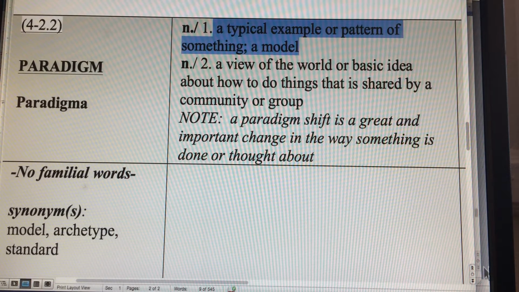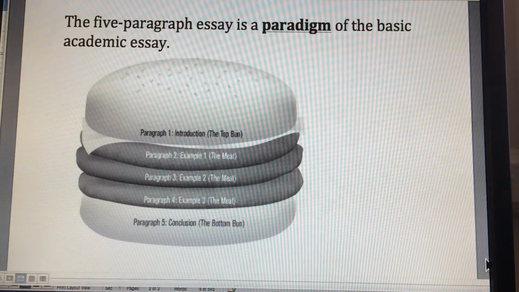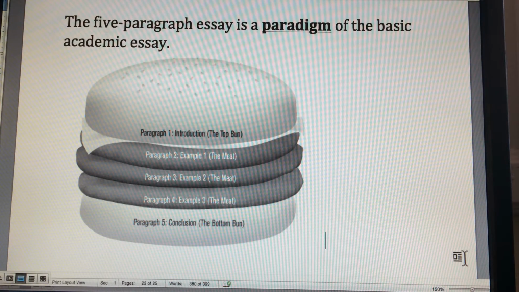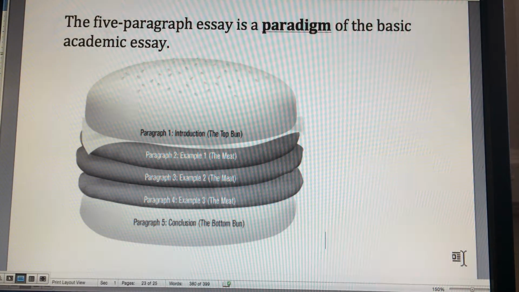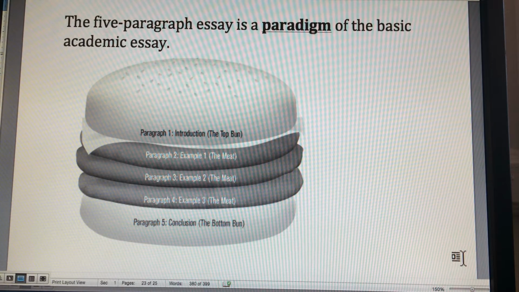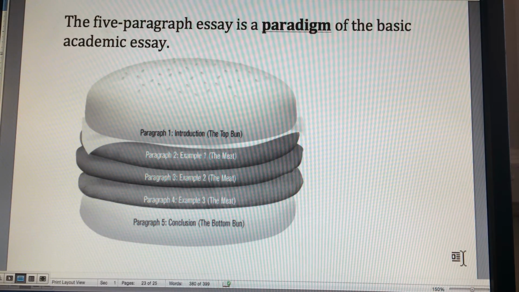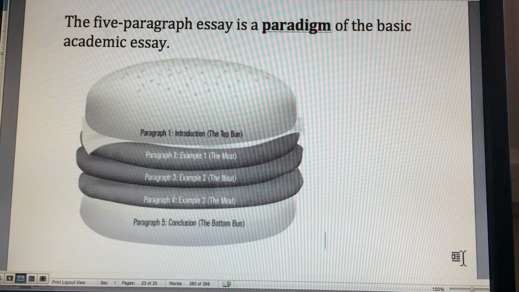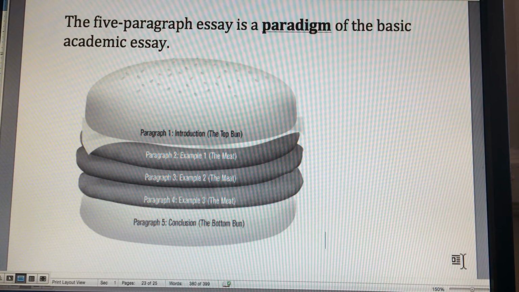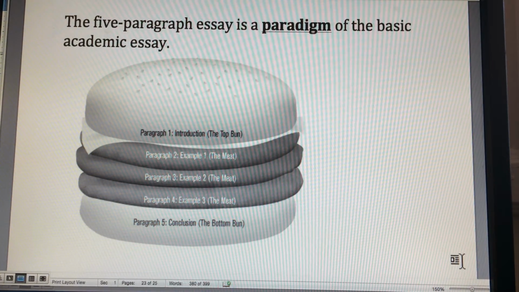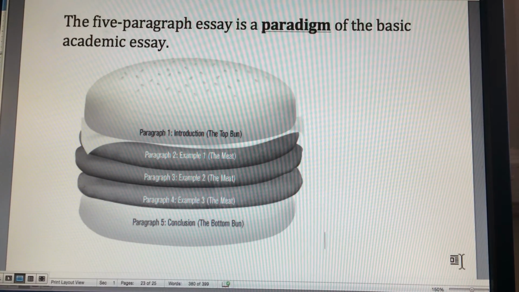All right. Let's take a look at a sentence example. The 5-paragraph essay is a paradigm of the basic academic essay. Okay? Generally, this is the first essay that students are taught because it's just a really good example of your basic academic essay.